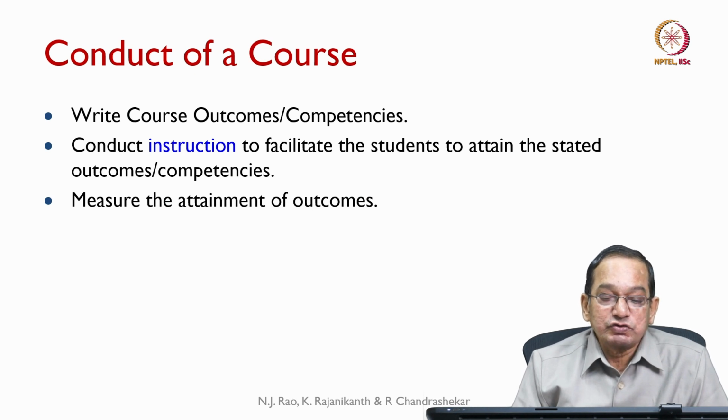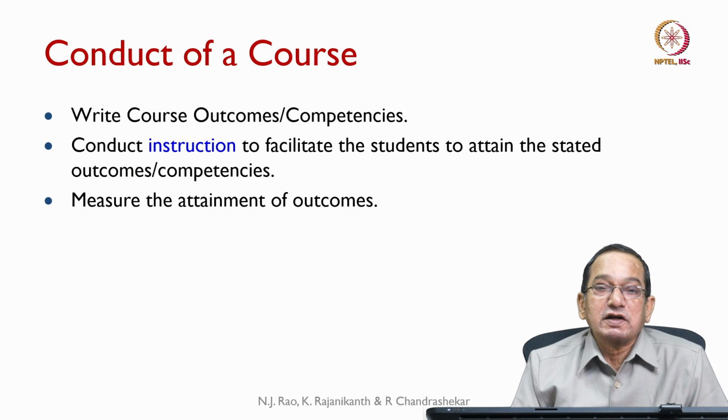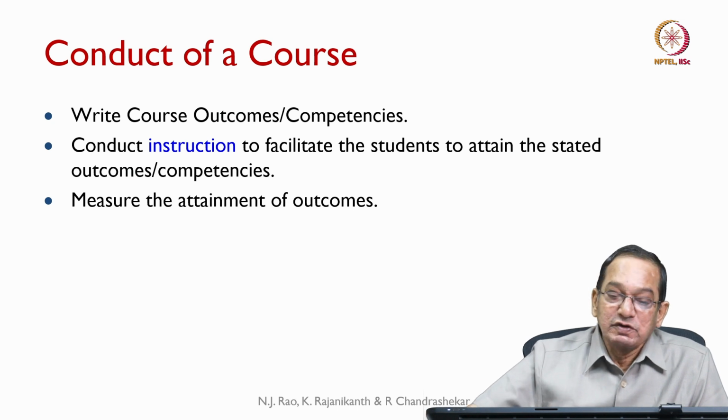First, we write course outcomes, competencies, which of course are communicated to the learners upfront. Then we conduct instruction to facilitate the students to attain the stated outcomes or competencies and measure the attainment of outcomes through appropriate assessment. So, all these three become important.